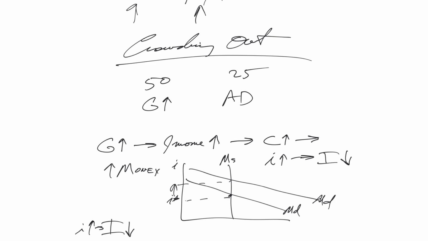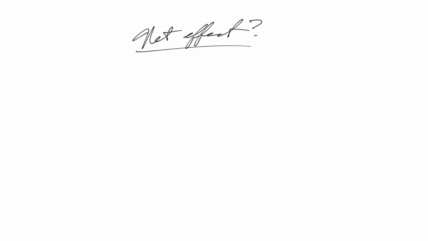What's going to be the net result? Well, if it's this investment going down, if that's the case, we're going to have maybe less aggregate demand shift than we do initially, that increase in government spending. So what is the net effect of crowding out?